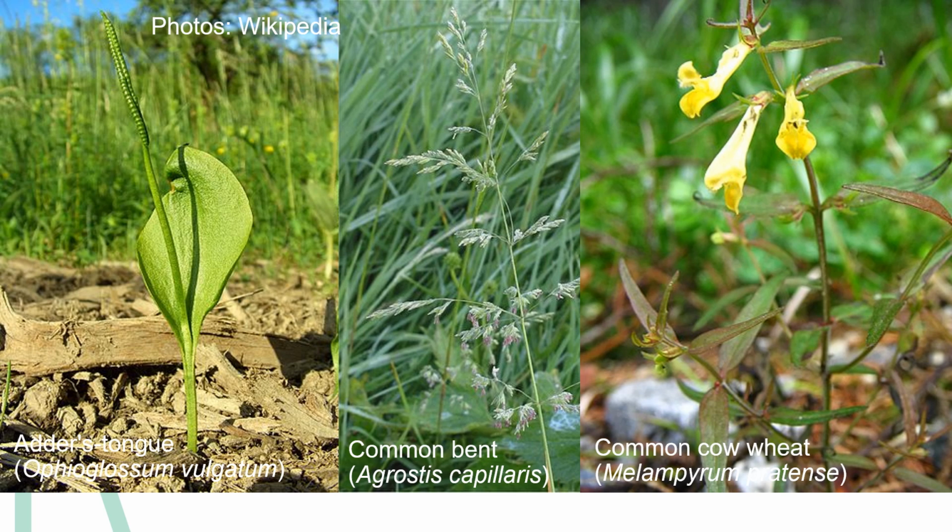So it was where the fire stopped and where the green grass comes towards this fire. In that edge area, there was a lot of adder's tongue growing. Then common bent and also common cowweed are promoted, their growth is promoted by burning.